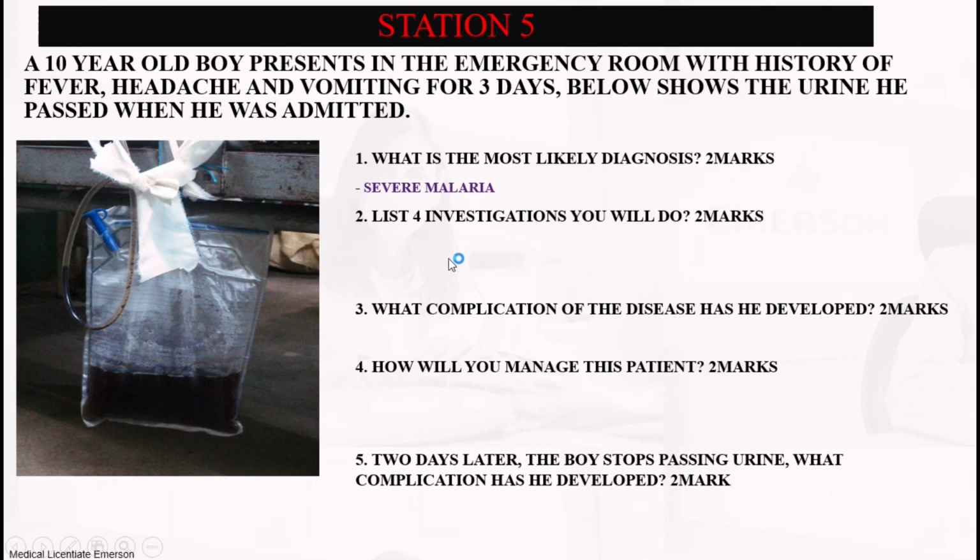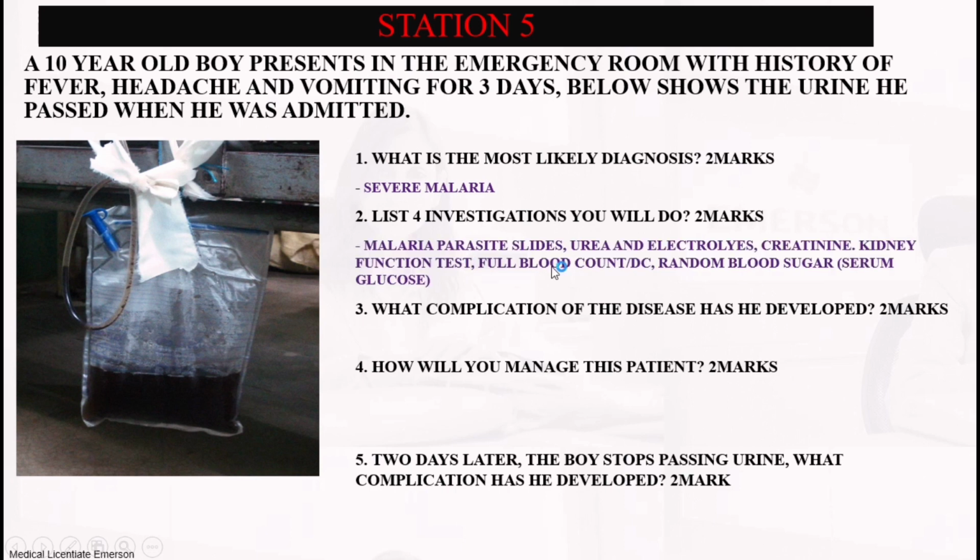So this is most likely severe malaria, and the investigations we can do are malaria parasites, urea and electrolytes, creatinine, kidney function tests, full blood count with differential count, random blood sugar, serum glucose. You can also do others, but these are the only ones I managed to put here. Okay.